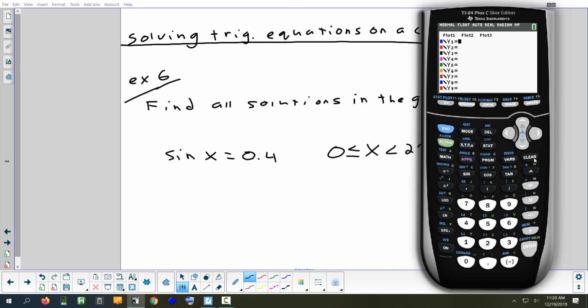Sine x minus 0.4. You could move everything to one side, and you could calculate a root. Or you can leave it the way it is and use y1 and y2. You can do it either way, it doesn't make a difference.